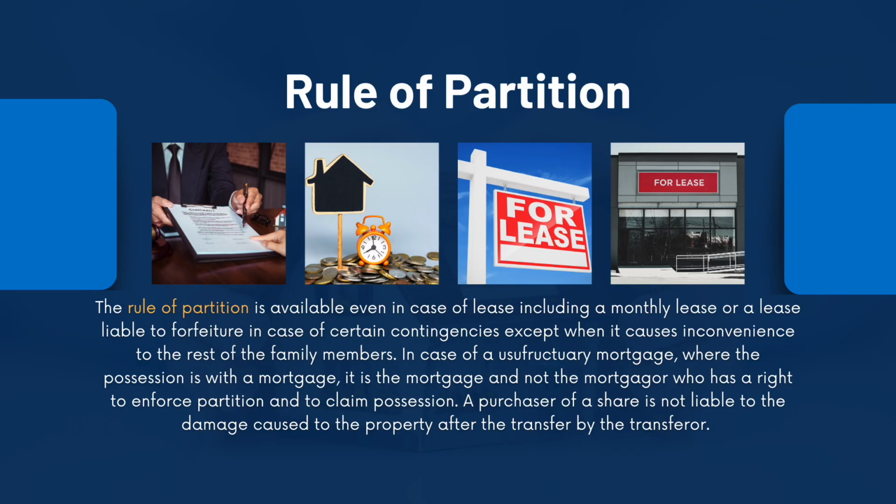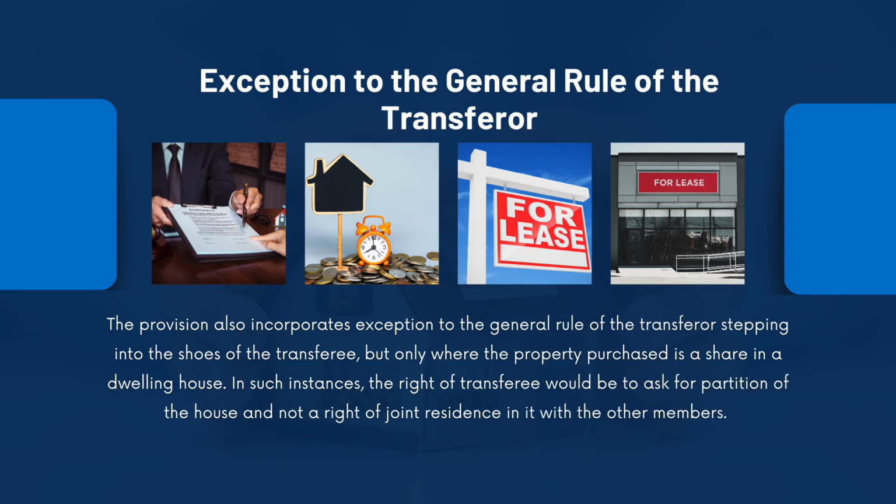A purchaser of a share is not liable for the damage caused to the property after the transfer by the transferor. The provision also incorporates an exception to the general rule of the transferee stepping into the shoes of the transferor, but only where the property purchased is a share in a dwelling house.